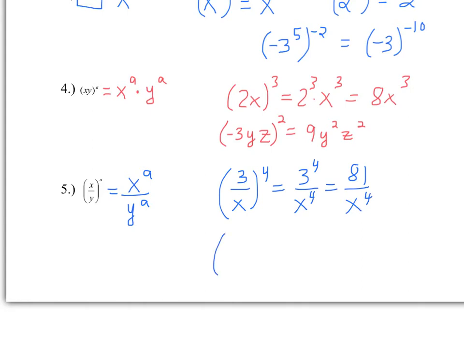Maybe you have 2 over 5 to the 3rd power. Well, this is 2 cubed over 5 cubed, so that's 8 over 125. So you're going to simply distribute your power to each part. Okay, next page.